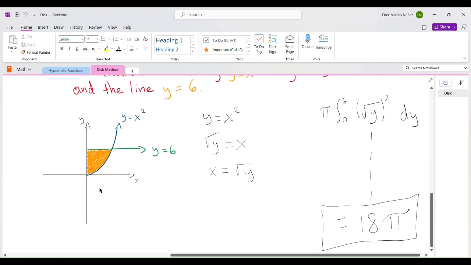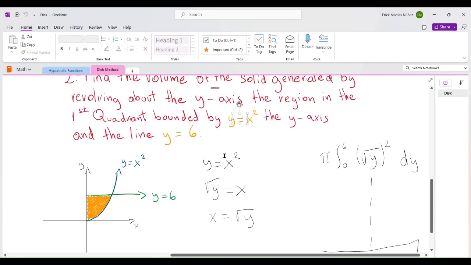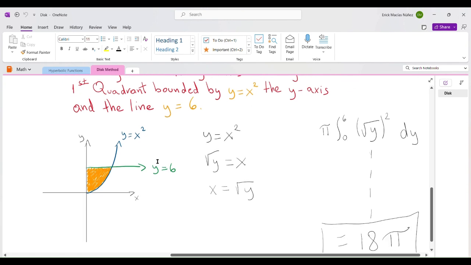Again, you want to start with the graph, and graph the two equations, y equals x squared and y equals 6. As we can see here, we got the green one and the blue one. The region that you are looking for is inside those two graphs. This will be the top equation and this will be the bottom equation.